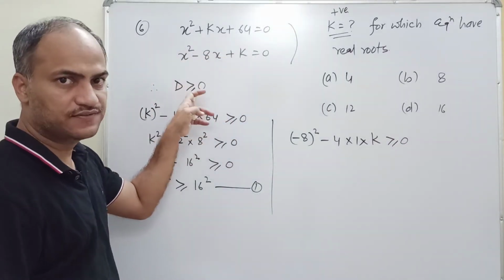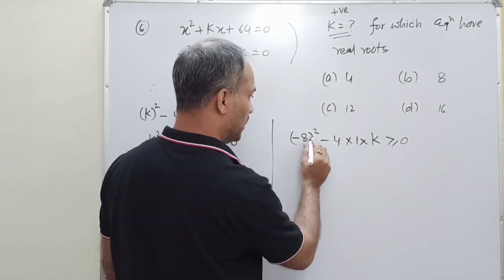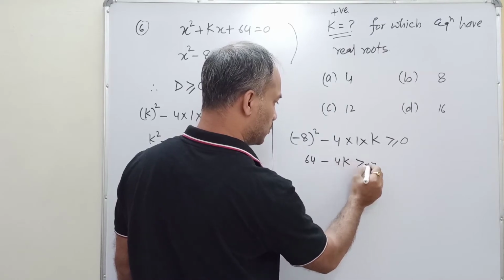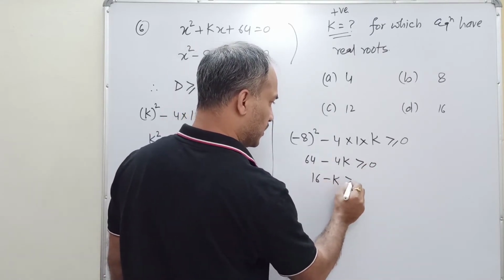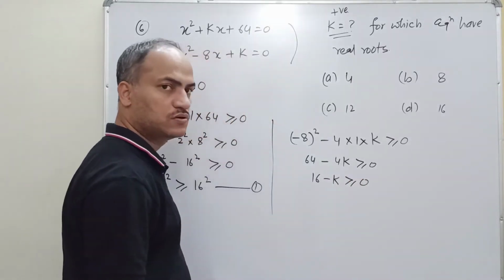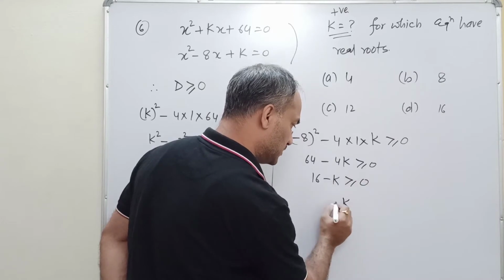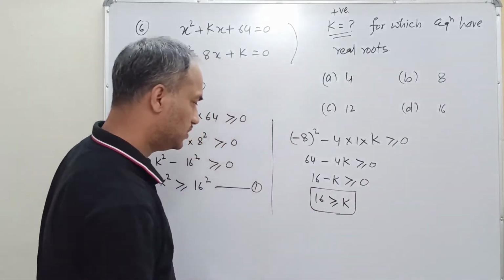Because D is given like that only, because of the condition. 8 square is 64 minus 4k greater than or equal to 0. So when we divide by 4, 16 minus k greater than or equal to 0. Okay, so from here k can be shifted to that side. So k is less than or equal to 16.